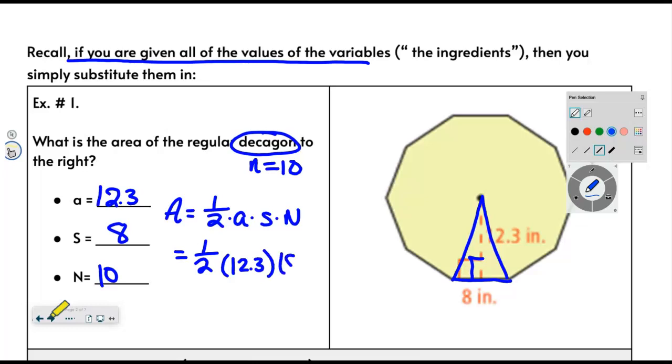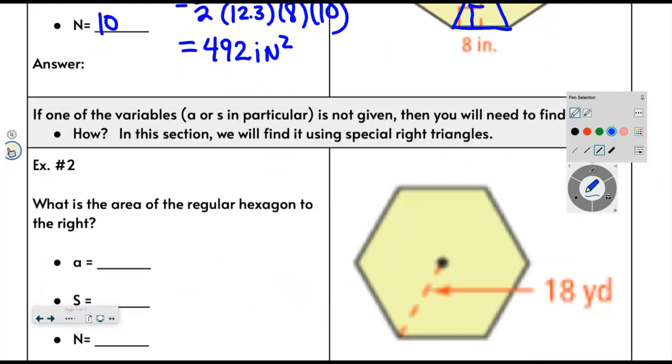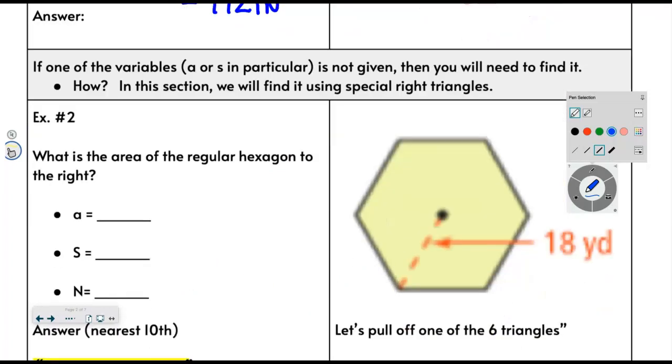My side length was 8, and it was a decagon, so my N was 10. I run that through my calculator, and I got exactly 492 square inches. That was lovely because everything I needed, I had. We're not going to practice that a lot because if you have it all, you just dump it in and go to your calculator. But what if stuff is missing?